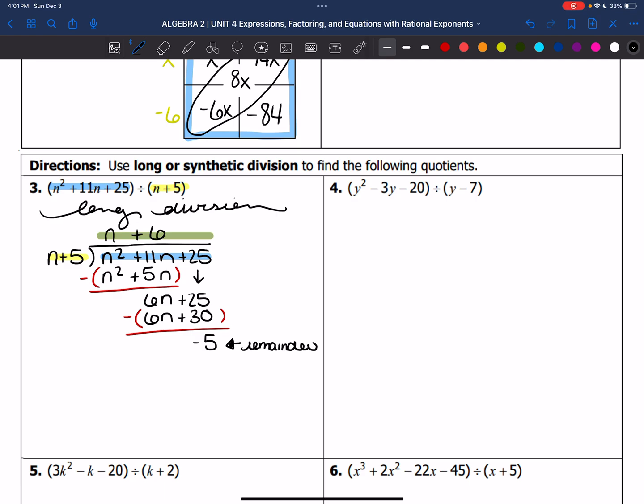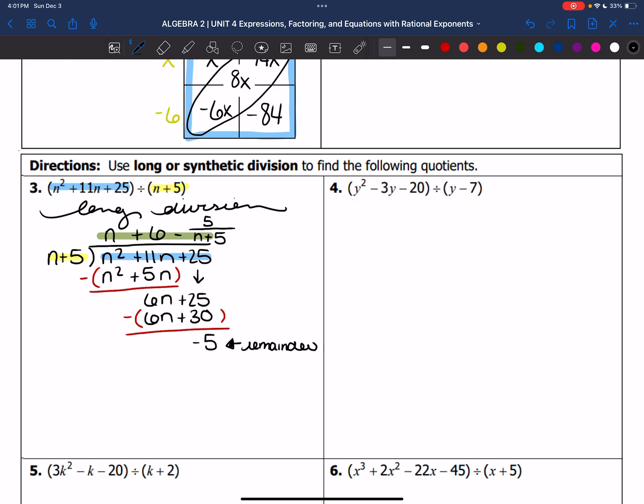So what do we do with our remainders? Our remainders are going to be expressed as a fraction that we either add or subtract to at the end of our quotient. Because this is negative, I'm going to subtract that 5, and it's going to be over what we're dividing by.